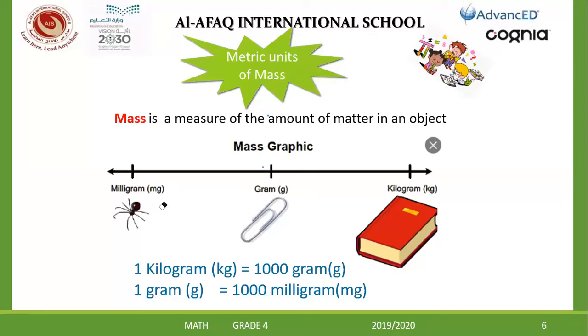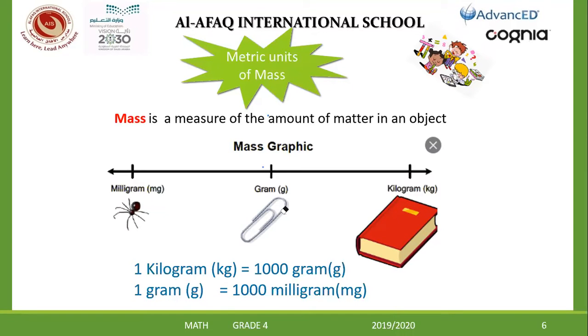What is the relationship between kilogram, gram, and milligram? As you see here, 1 kilogram equals 1,000 grams. So if I say my math book is 1 kilogram, its mass is also 1,000 grams. Each 1 kilogram makes 1,000 grams. What about gram and milligram?